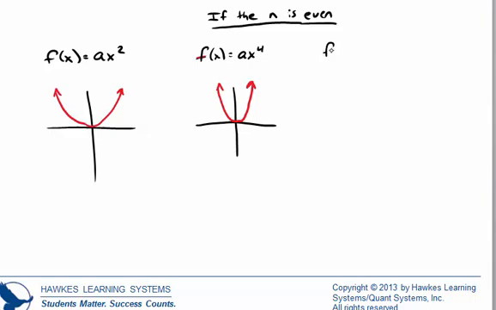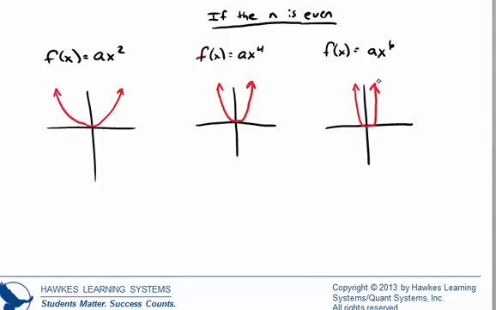And if we increase the exponent again to, say, x to the 6th, we would expect that to become even more steep and more flat around that vertex. And we would continue in that manner, increasing the exponent to an 8, increasing the exponent to a 10, seeing the graph become more steep with each increase and more flat along the vertex.